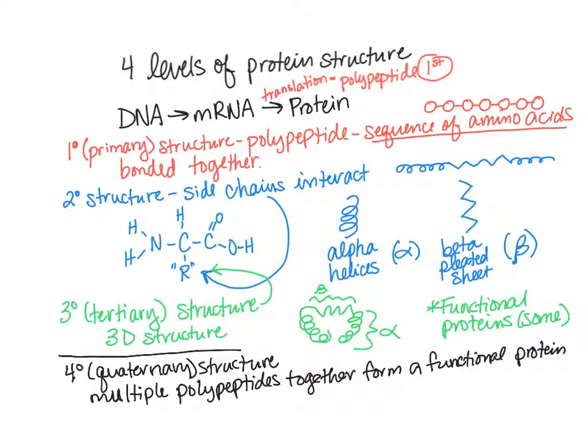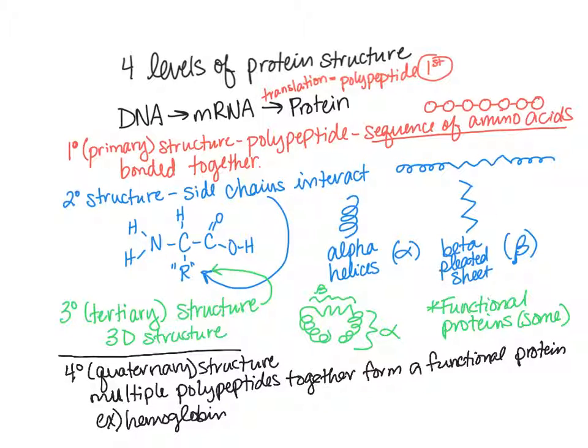All right, so in the quaternary structure, you may have multiple polypeptides in their tertiary structure that are like subunits of a bigger functional protein. So, for example, hemoglobin is a protein that's found in red blood cells, and it helps to transport oxygen around in the blood.